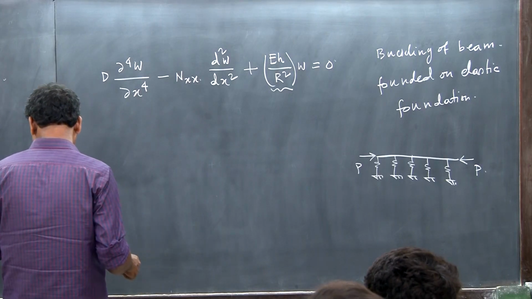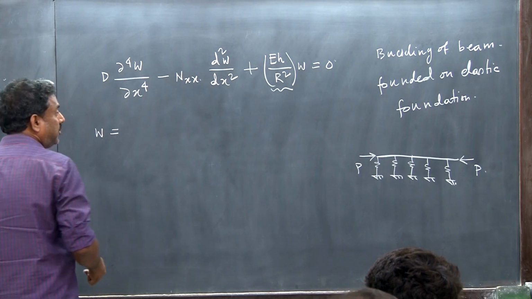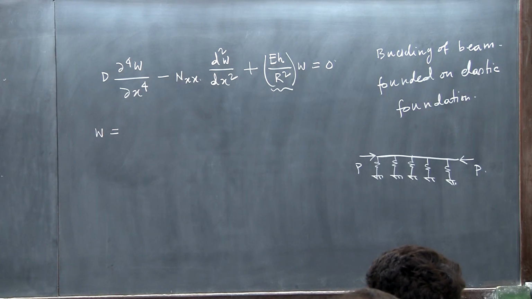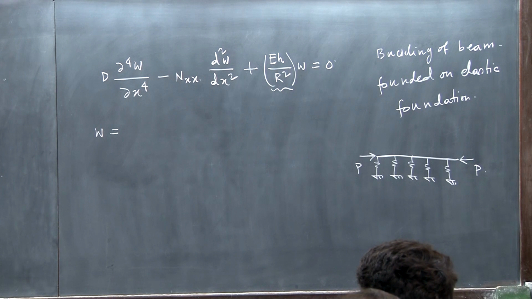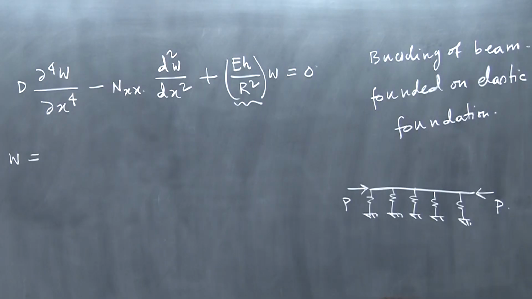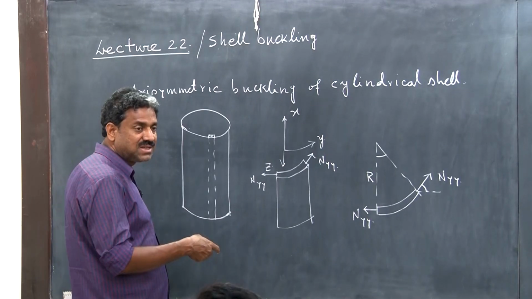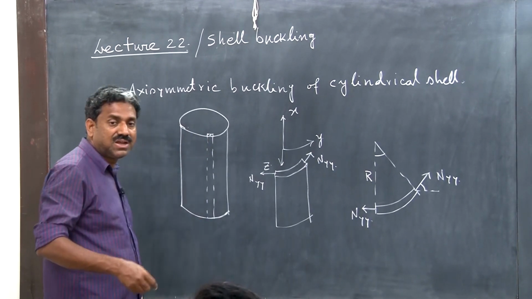So, you must know the limitation of this governing equation and this kind of model. The buckling behavior of a cylindrical shell means it is having only one curvature, in the radial direction. In other directions, it has infinite radius of curvature.